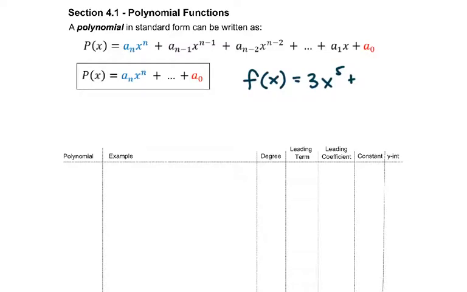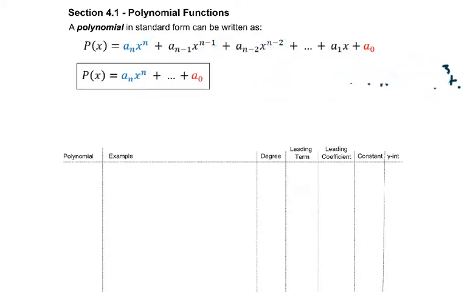So if we had like 3x to the fifth, we might have some 7x to the fourth plus 5x cubed, right? And so all we're talking about is we have a highest power and then n minus 1, n minus 2. It's going down a step each time.